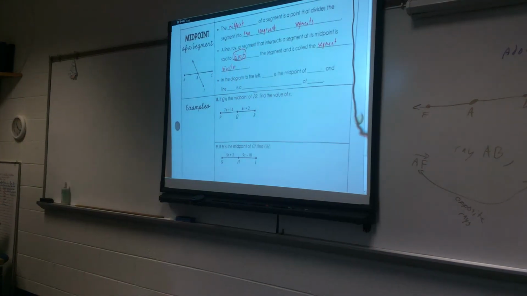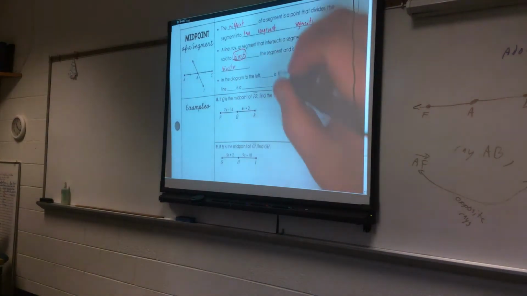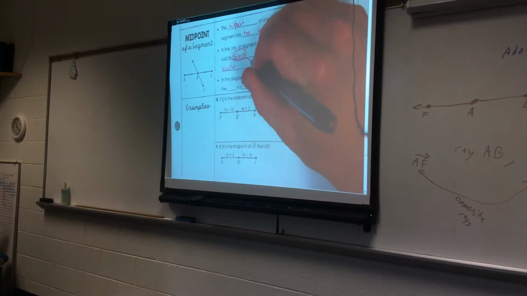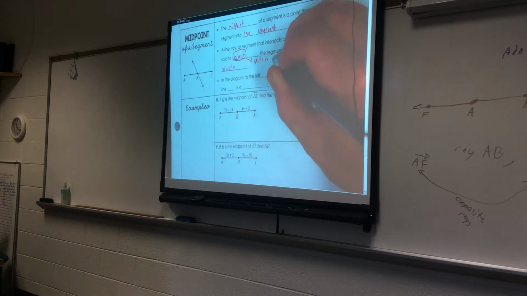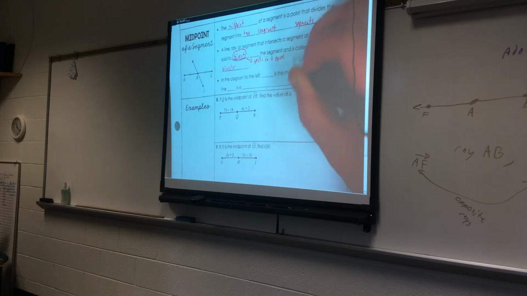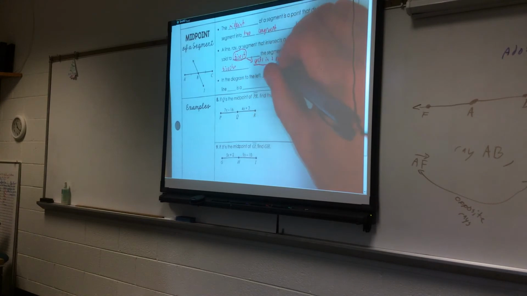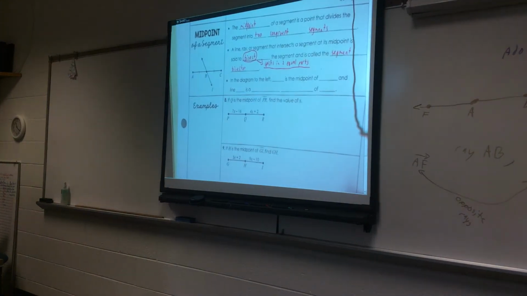And so we're just going to make a little note. Bisect means splits in two equal parts. Make sure you write that down.